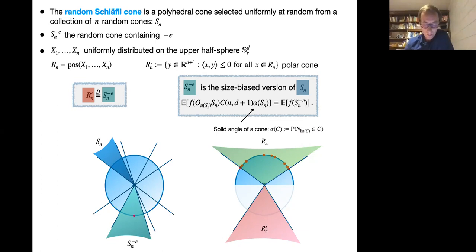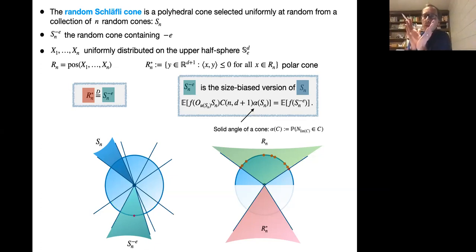And the South Pole cone, up to a random rotation, can also be thought of as follows. The Schläfli cone was selected uniformly at random among these cones. The South Pole cone can be thought of as a random cone that is selected according to the weights given by the solid angles.